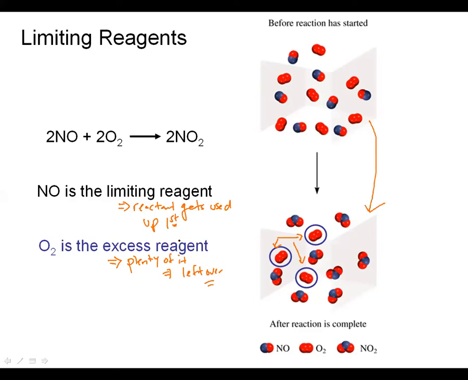And why is this important? This is important because essentially when you do a reaction, so for example, when we do A plus B goes to make AB, we essentially need an A and a B to make our product, right? So if we say that A in this case was our limiting reagent and B was our excess reagent, just arbitrarily choose those two, what that means is at some point, all of the A is going to get used up.